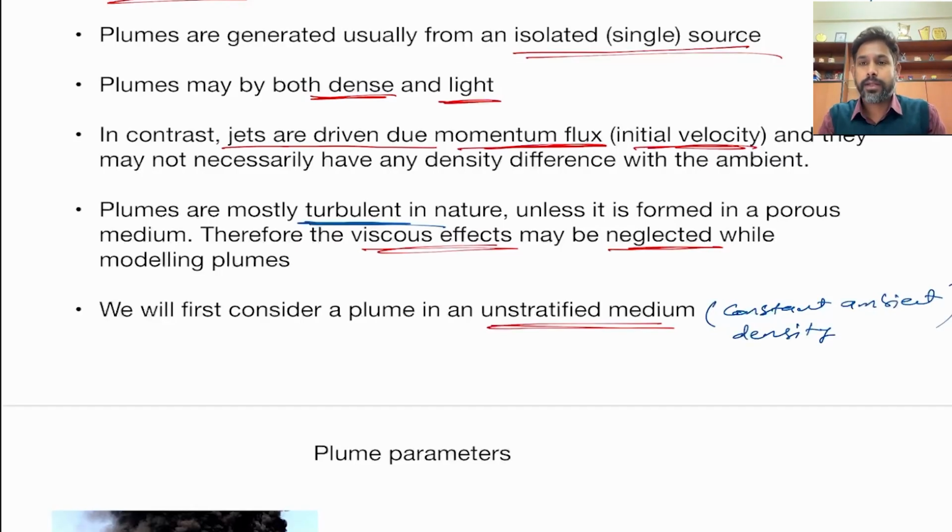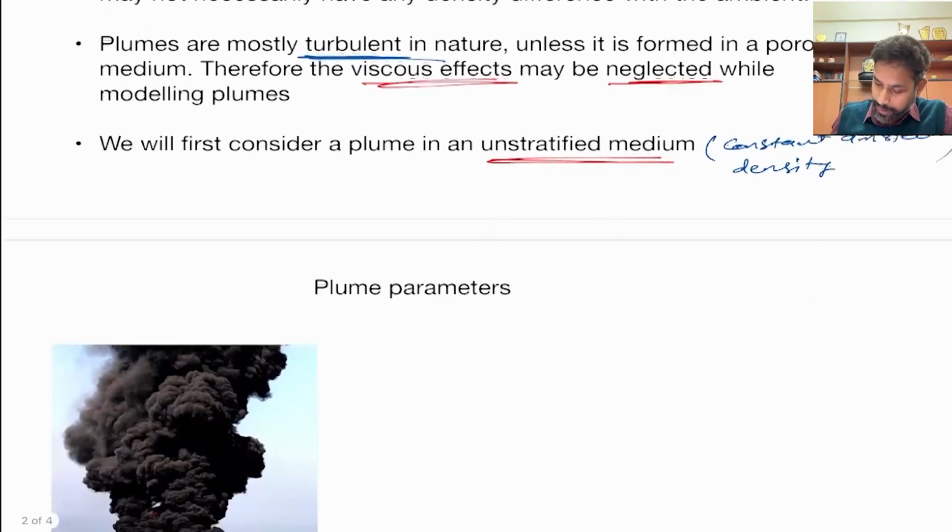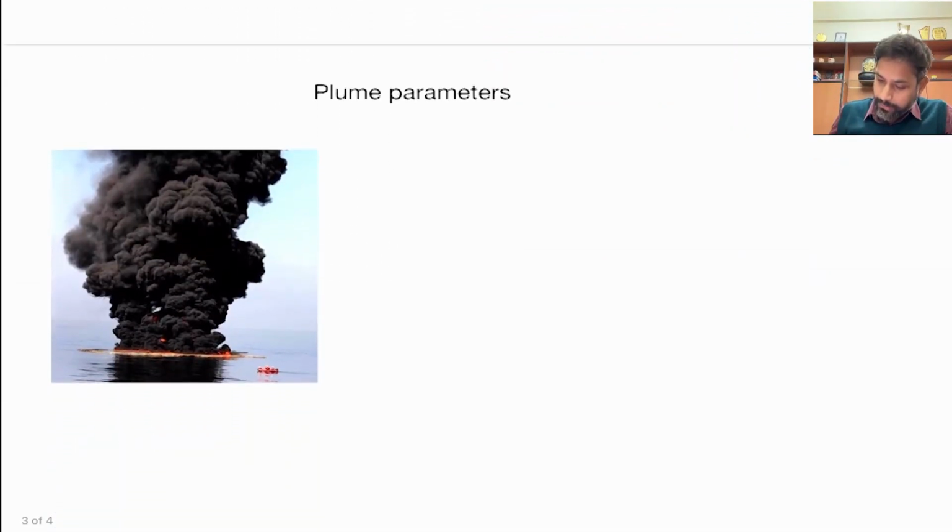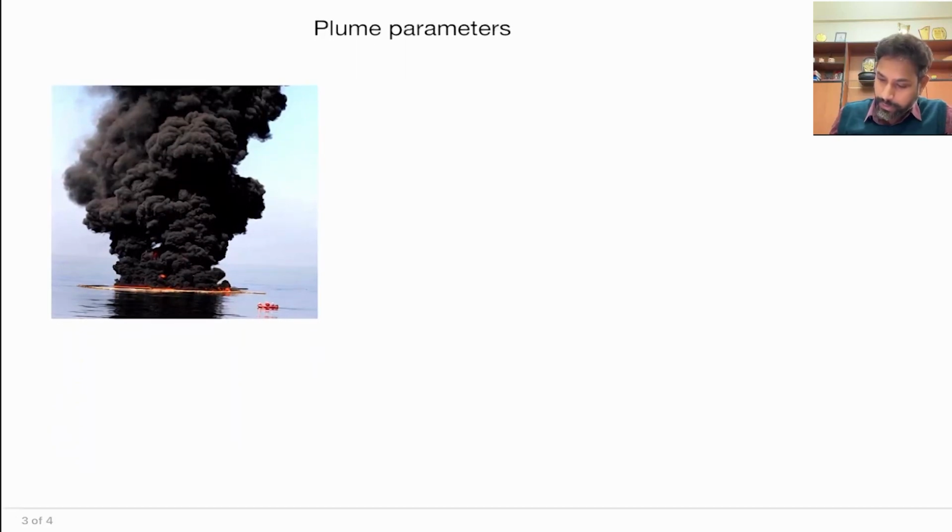This is something we have seen already. What does stratification mean? We will start with the unstratified medium, but later we will also consider plumes in stratified medium. Okay, so let's start with plume parameters for the unstratified case.